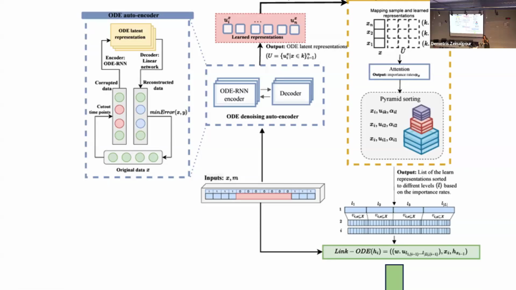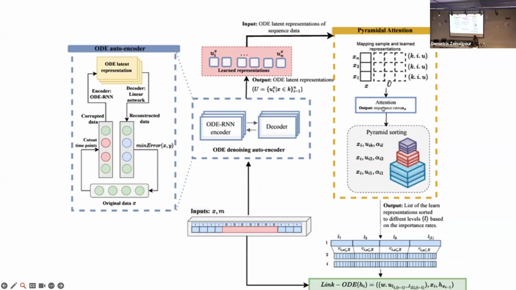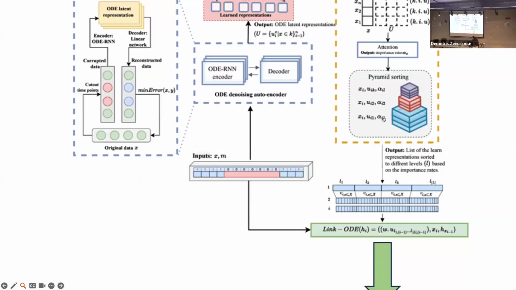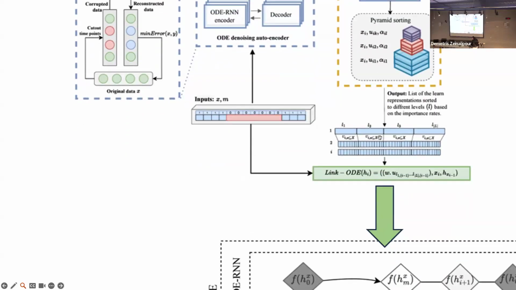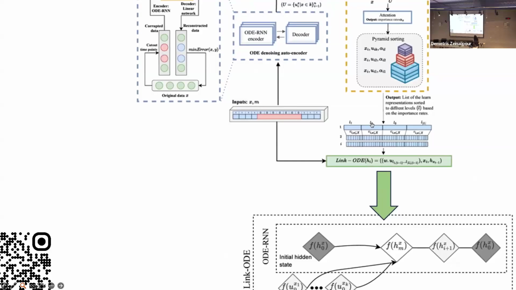How do you know that this latent ODE of sensor A is highly correlated to sensor B or C at this time? And that's where we build this pyramidal attention mechanism that maps the sample latent representations, okay, and we sort them. So we learn the representation and sort them based on importance.